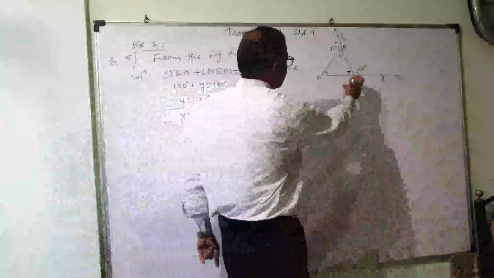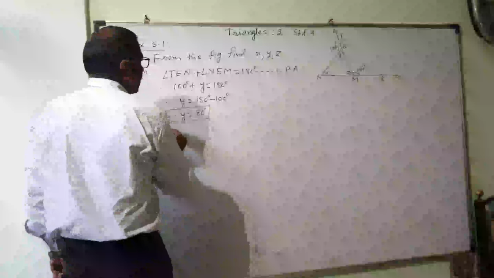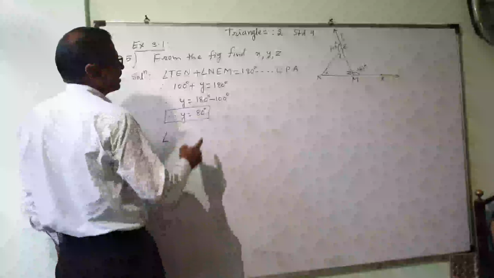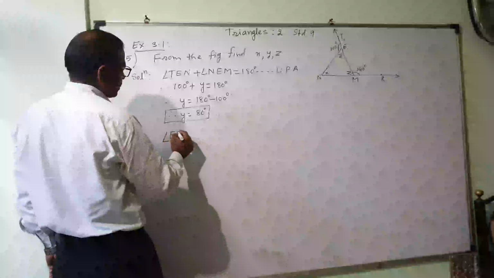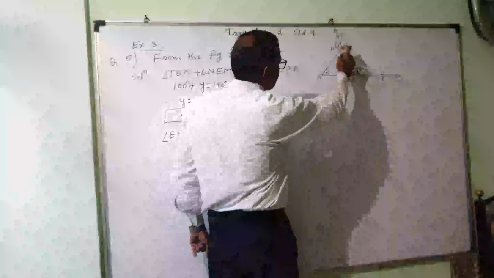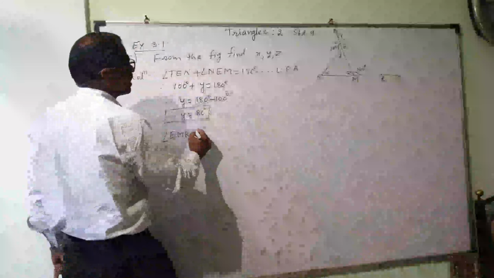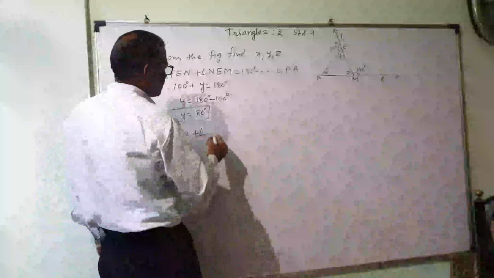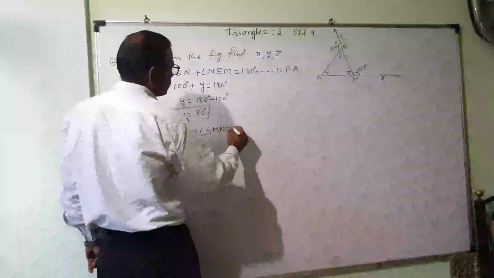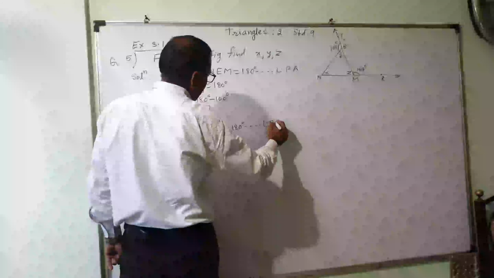Now similarly, this z angle we can find. So angle EMR means this exterior angle, plus angle EMN is equal to 180 degree. The reason is LPA, linear pair angles.